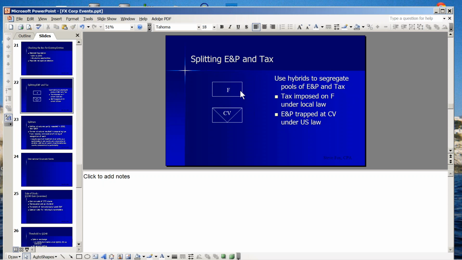If I have one entity that owns some part of another entity, and that other entity is normally treated as a flow-through, then the first entity would get the earnings and get the tax at the same time.